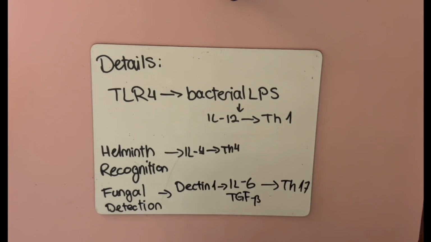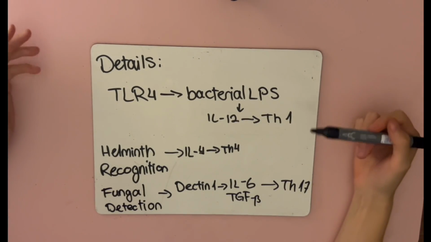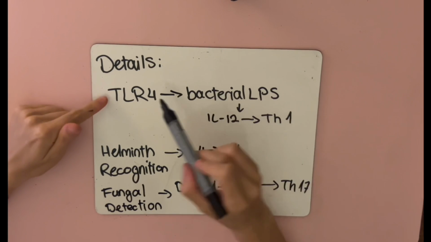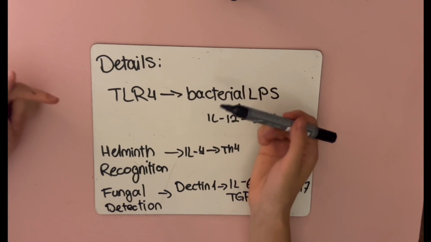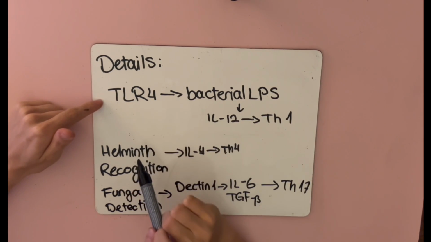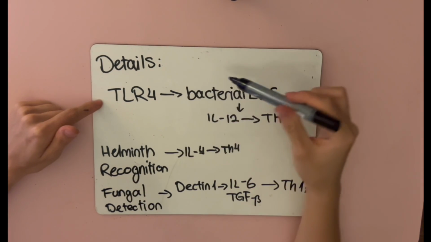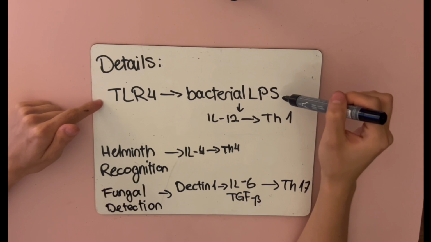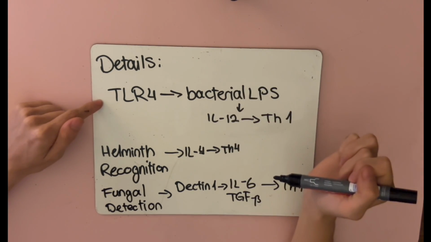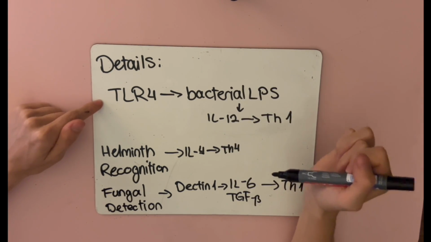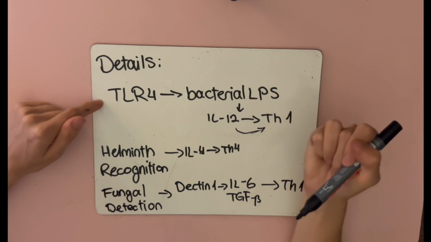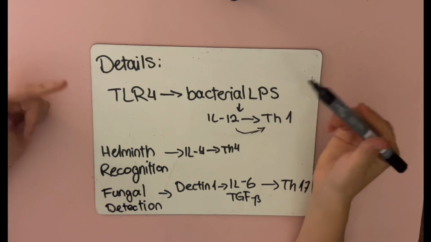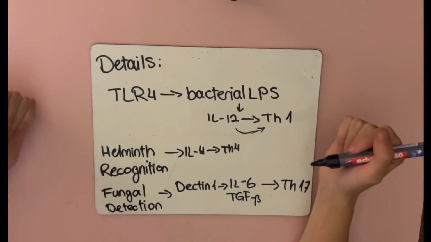So here are some examples I'd like to give you. So you know that toll-like receptors are found on the surface of antigen-presenting cells. Toll-like receptor 4 can recognize bacterial lipopolysaccharides, which then lead to the production of interleukin 12, which then causes T cells to differentiate into Th1 cells.